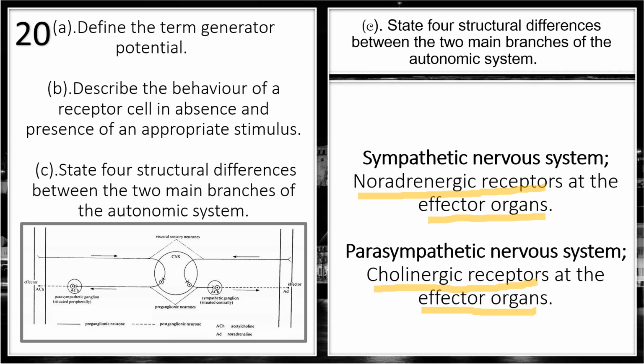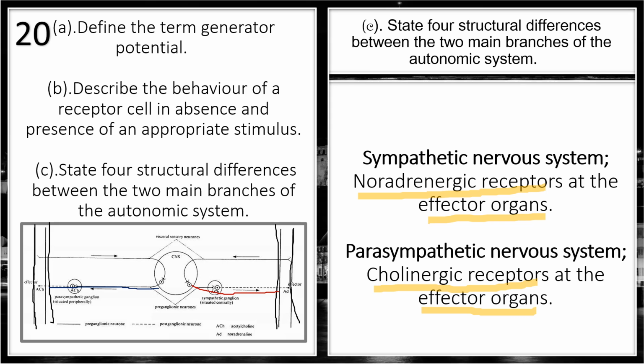We have said here our effectors are these ones. This is the effector, and this one is also an effector. And here we have the sympathetic nerve, and on the other side we have the parasympathetic nerve.